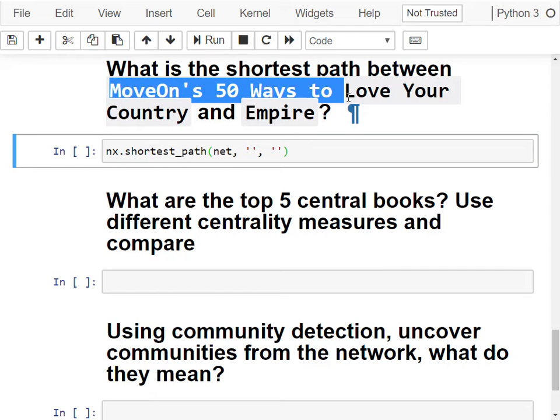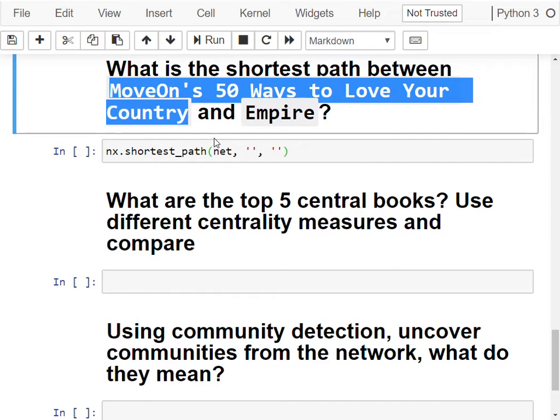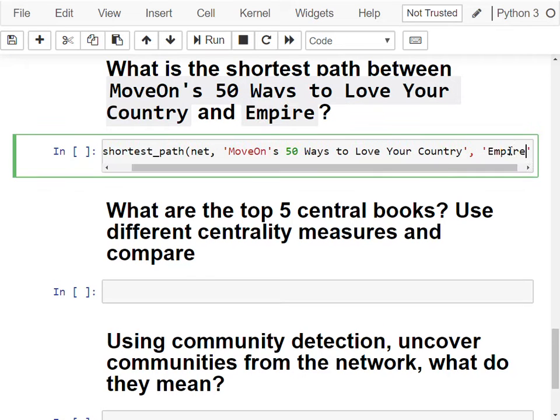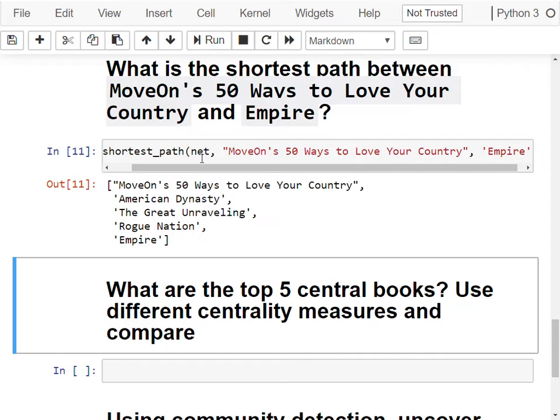So I'm going to copy the name of the book, and that's node 1, and the second book, which is node 2. Now notice that because this book contains an apostrophe, I can no longer use the single quote to indicate the string. I'm going to use two quotes here. So that's the shortest path.